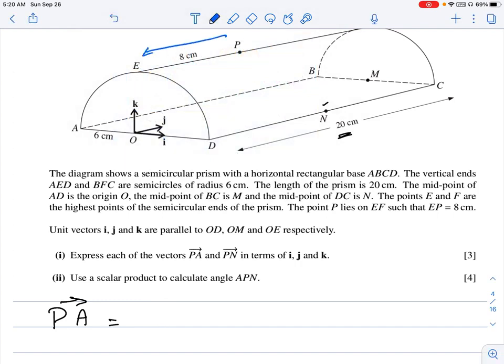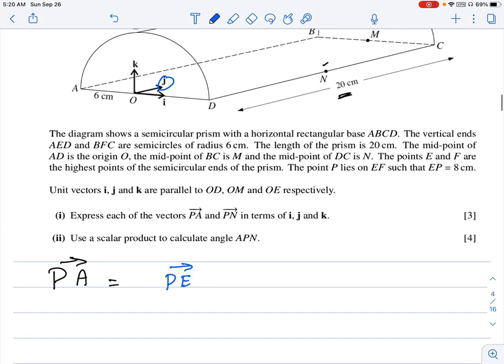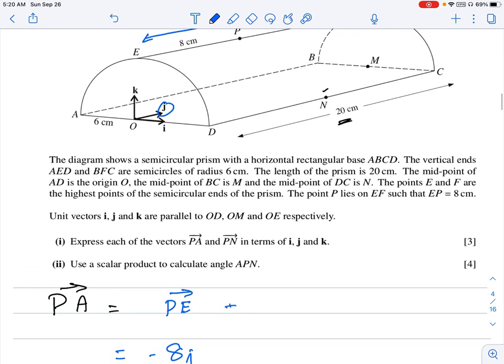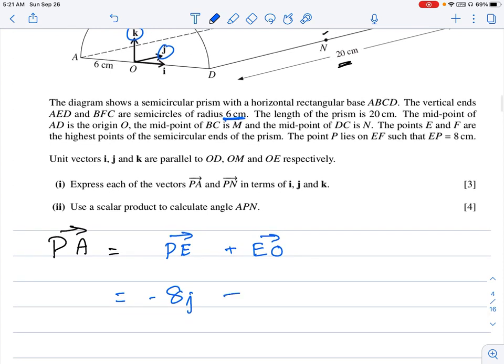So I go P to E, 8 centimeters backwards. Along which direction? J. So it is minus 8J. Then E to O is along the direction K, coming down. It is given that the radius is 6 centimeters, so the height is 6 centimeters, so it is coming down in the backward direction, minus 6K.